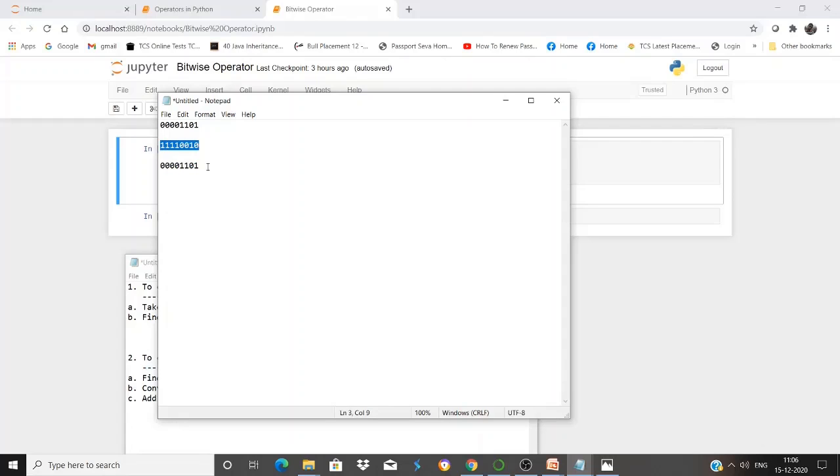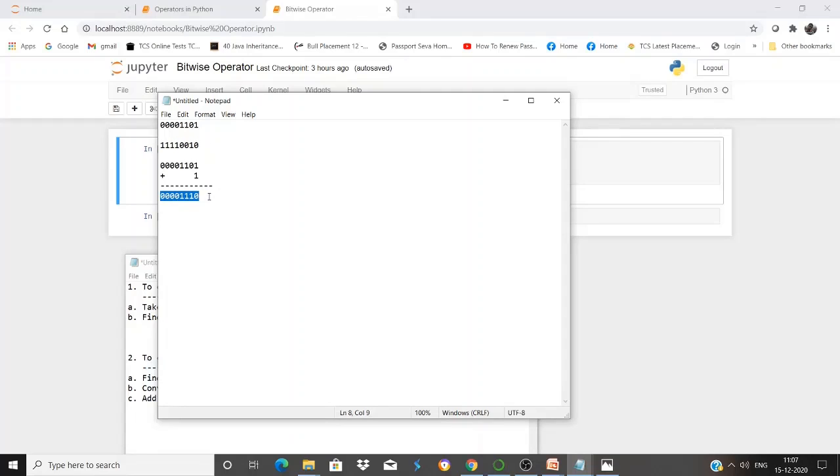Now we have found the 1's complement of this number. Now we will add 1 to this 1's complement, and this will be the 2's complement of this number.